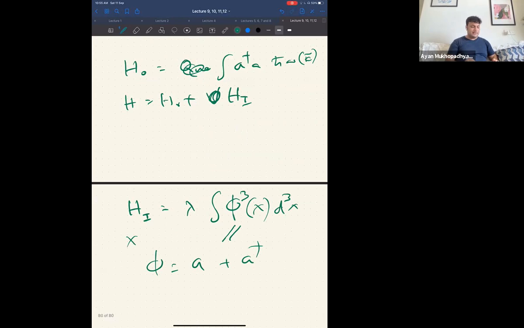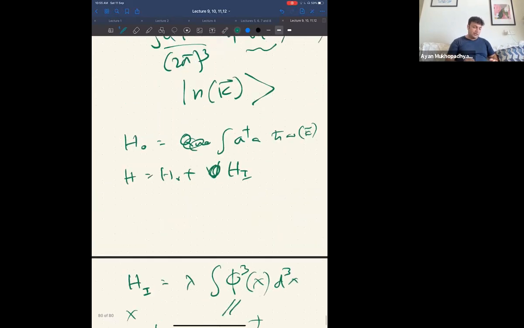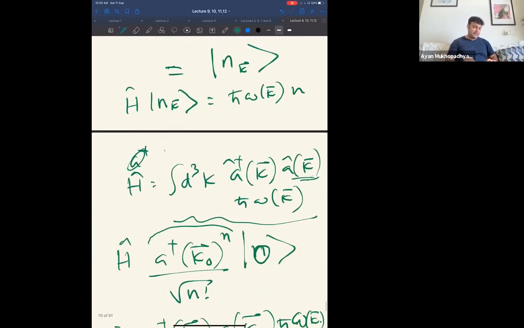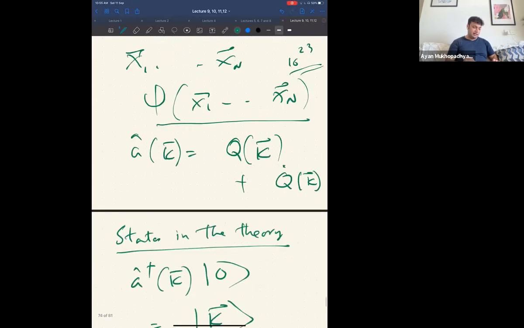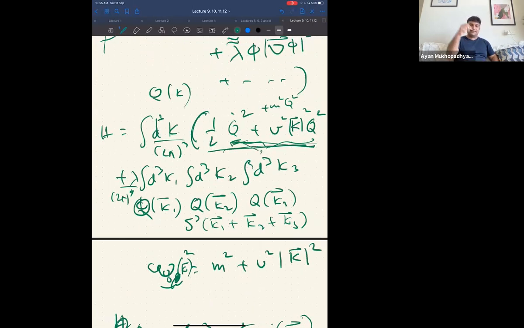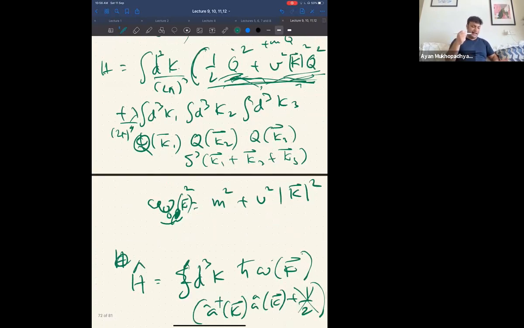So in this analogy, when I started with this original half q dot squared, the q was behaving like the x of the oscillator, so this is half x dot squared plus half ω_0 squared x squared. So q is x and x is a superposition of a and a dagger.